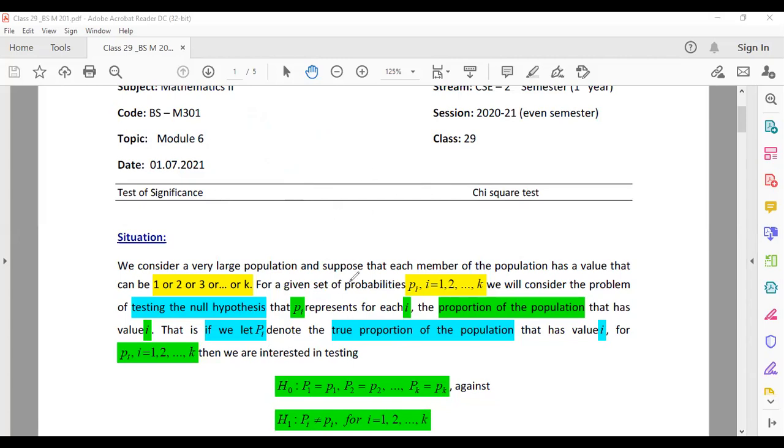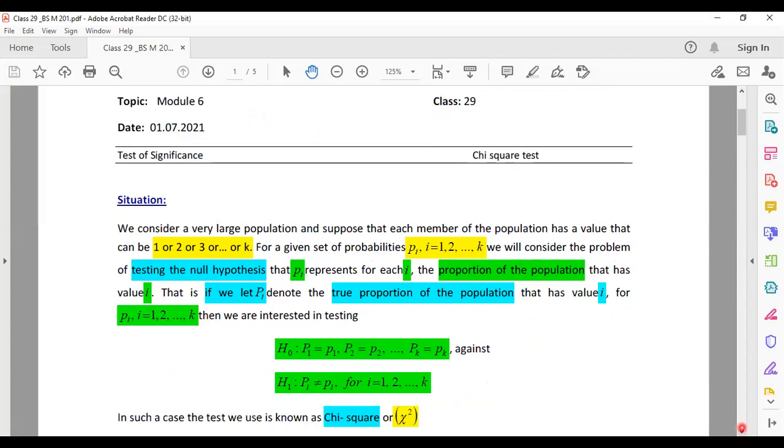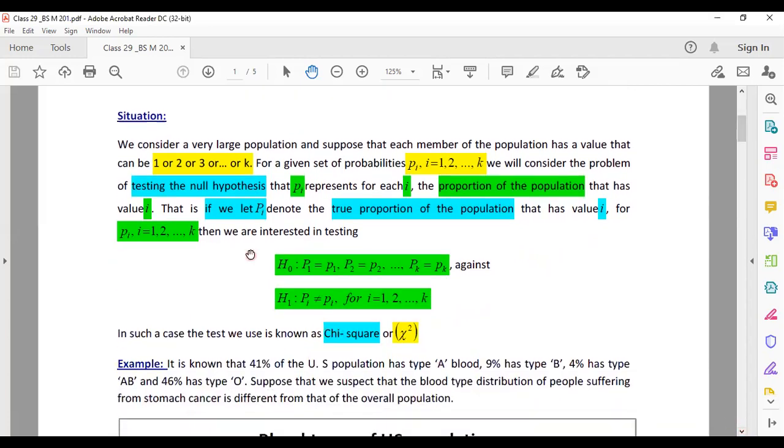So thus, if we let capital Pi denote the true proportion of the population that has value i, for each of these probabilities we are going to test the null hypothesis as follows: that this population probability takes the value small p1, this one takes the value small p2, and this one takes the value small pk.